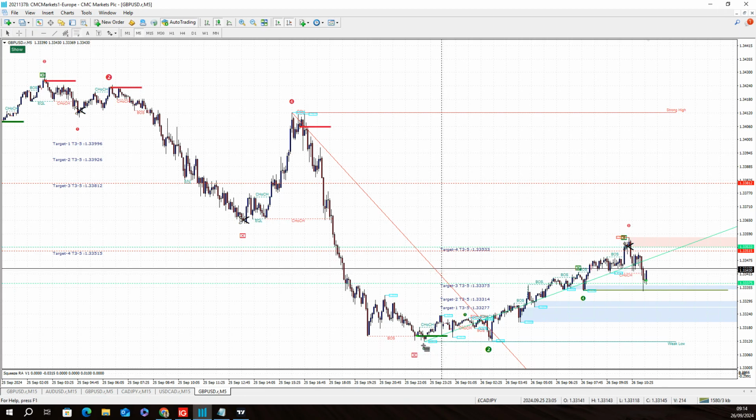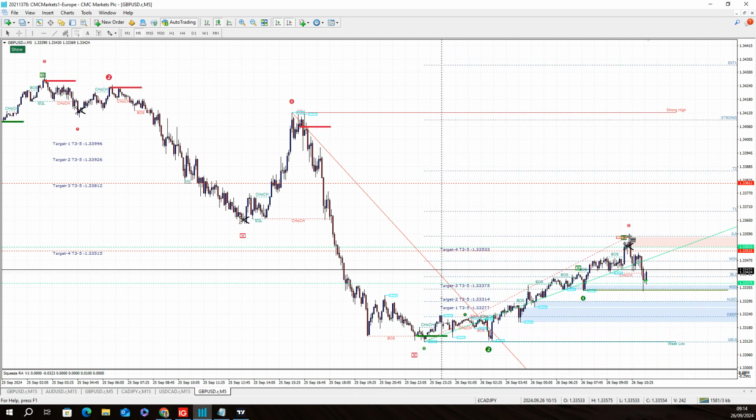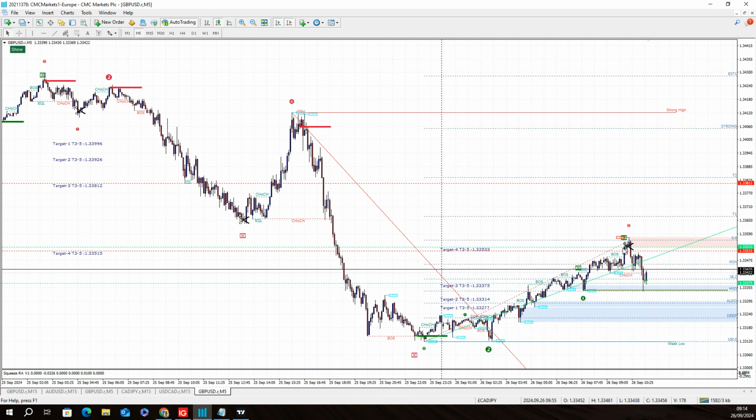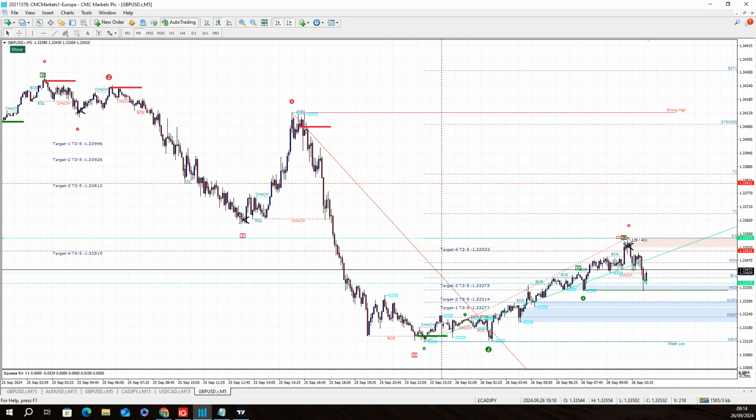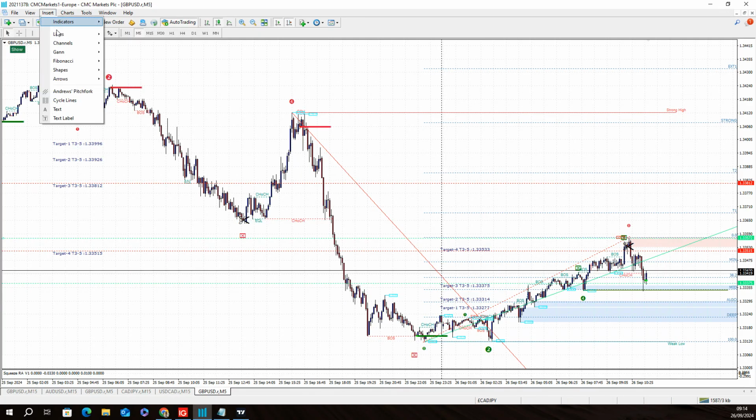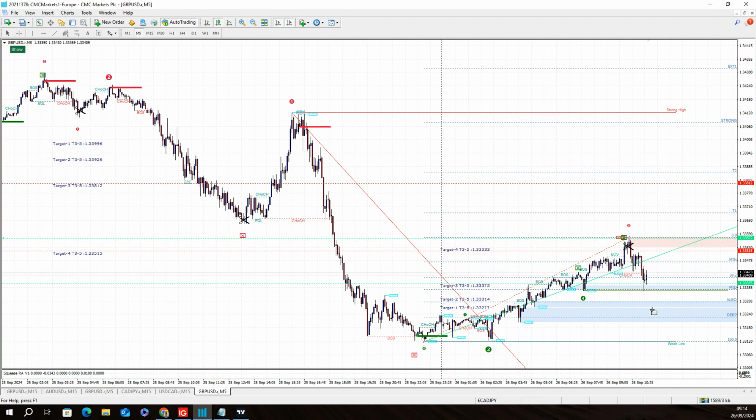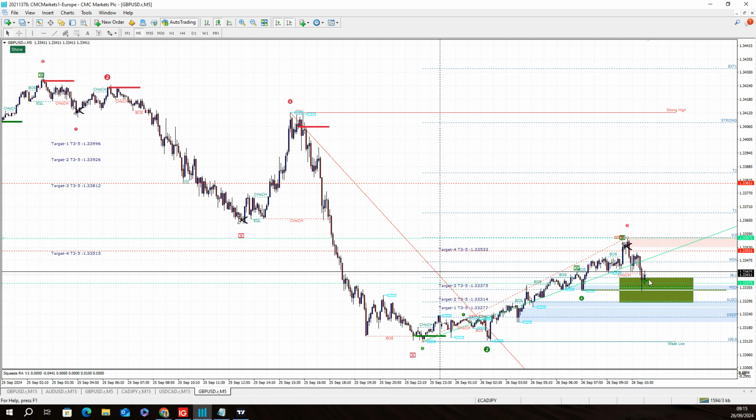Also, I can put my Fibonacci here. Oops, I did not line up. And I can see a buy zone. From here, this is my buy zone. So everything lines up nicely.